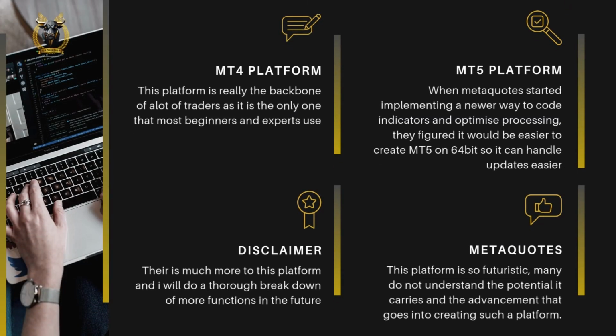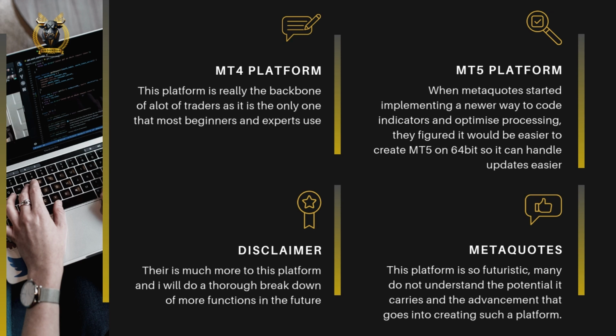So yeah, guys, with that said, before I close this off, the MT4 platform is really the backbone of a lot of traders, as it is the only one that most beginners and experts use. A lot of people are just comfortable with it. They really don't care about the updates that MT5 has.